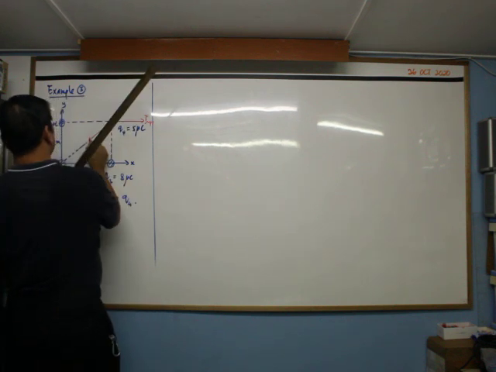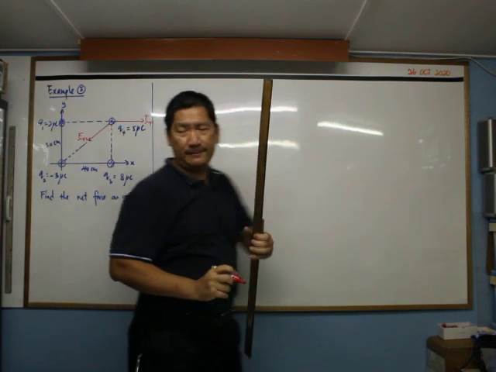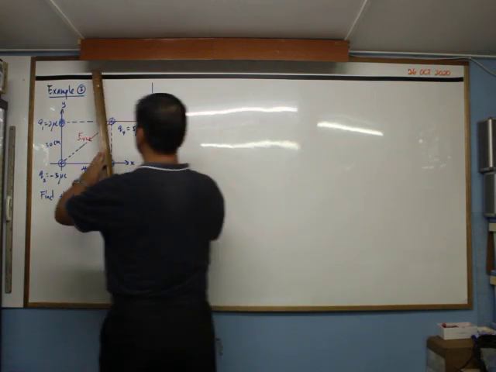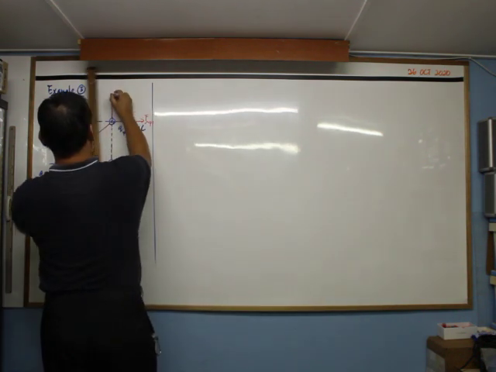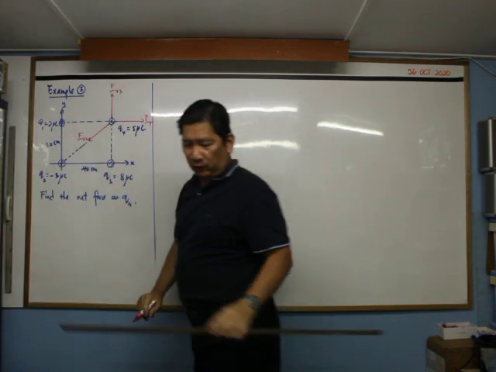Okay, so this one is F42, right? And then next one is Q3, positive and positive, so repel. So that means your Q4 will repel outwards at the same time. F43, so you have 3 forces.